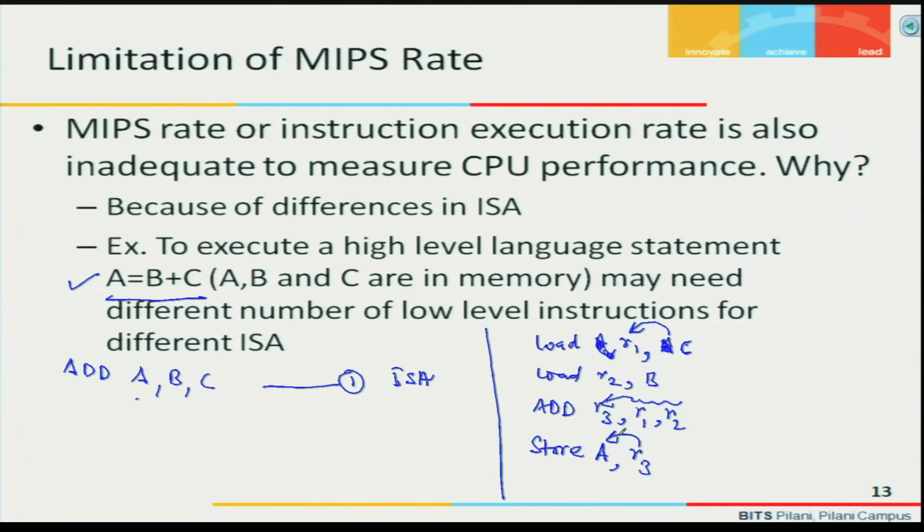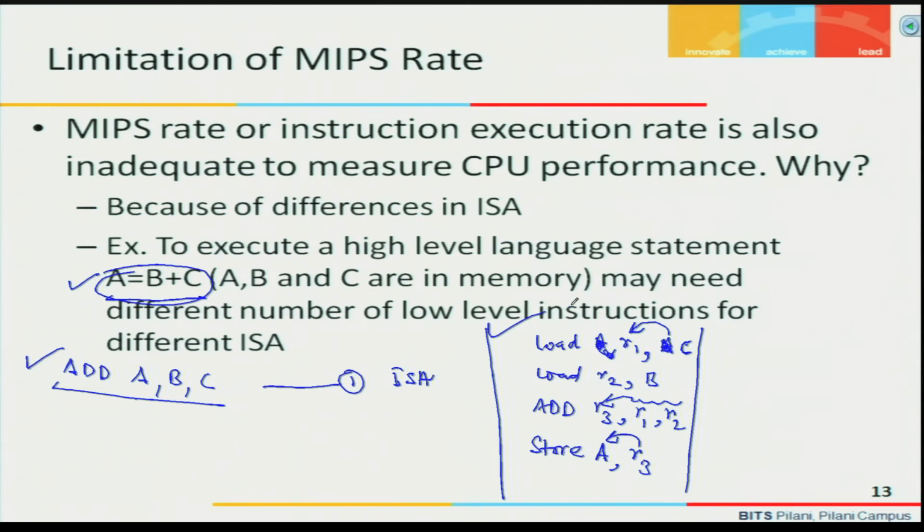So you can see here the same task is done by both processors, that is A equals B plus C. Let us say both take the same amount of time, the execution time is the same, but internally one processor is executing A equals B plus C with a single low level or assembly level instruction, and ISA2 is executing it with 4 instructions.